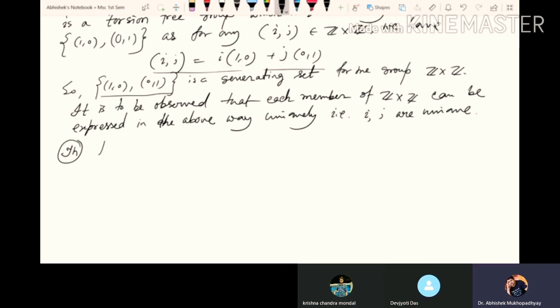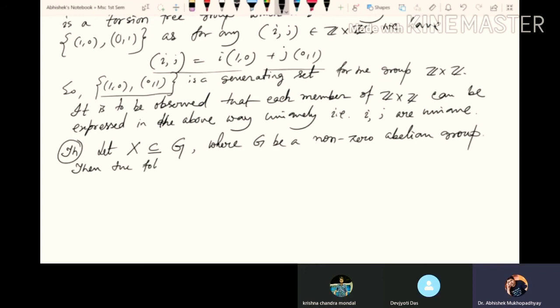That is, if we consider G to be a non-zero abelian group and X a subset of G, then the following are equivalent.